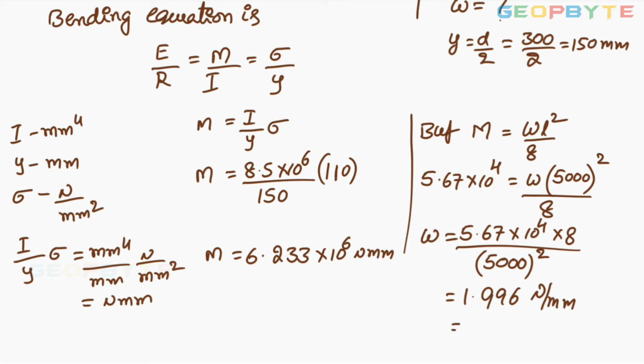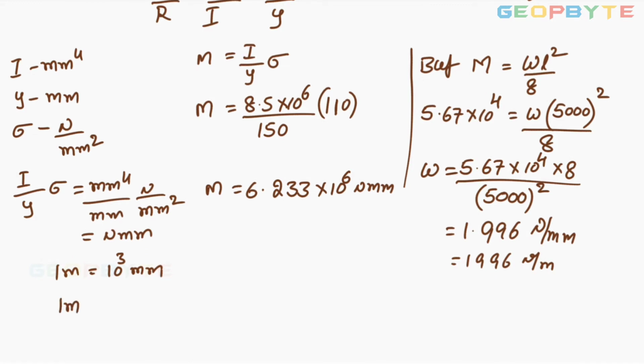It is equal to 1996 kilonewton. It is asking Newton per meter. It is equal to 1996 Newton per meter, because 1 meter equals 10 power 3 mm.